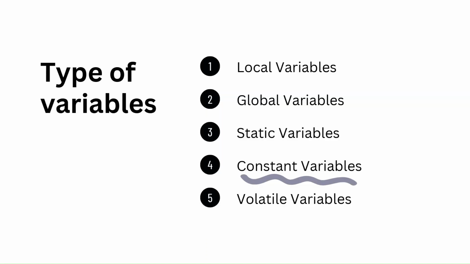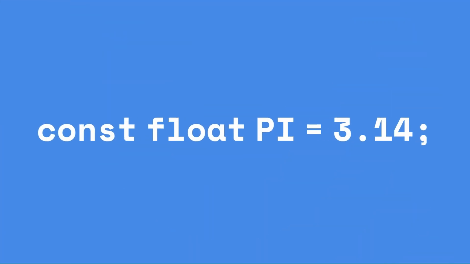Next is constant variable. We use the const keyword to declare that variable. For example, const float pi = 3.14. That value of pi cannot be changed in future because we declared it as constant using the const keyword.